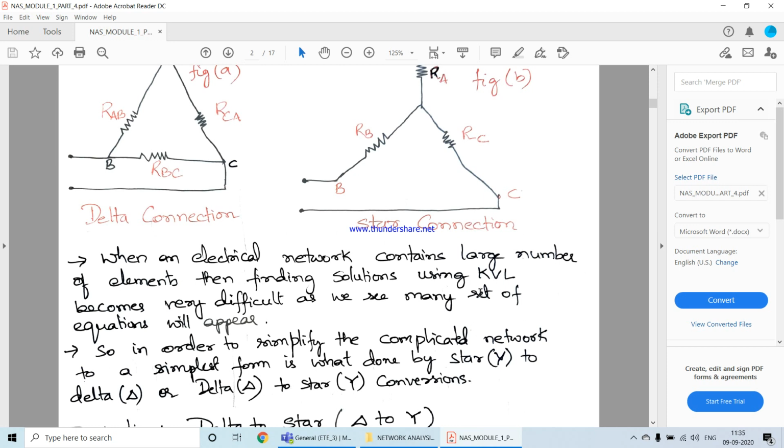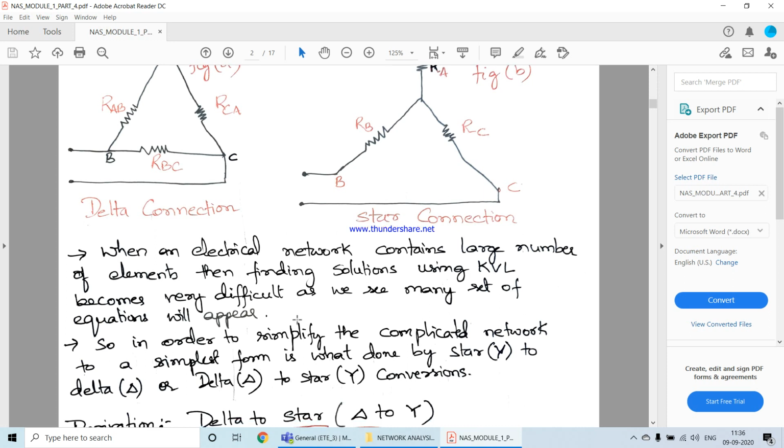When an electrical network contains a large number of elements, finding a solution using Kirchhoff's voltage law or any other methods that we have becomes very difficult, because we will get plenty of equations when we apply KVL, and solving those equations using matrix methods becomes very difficult.